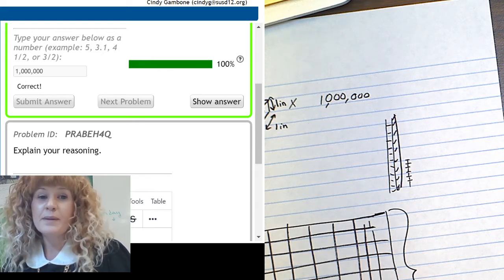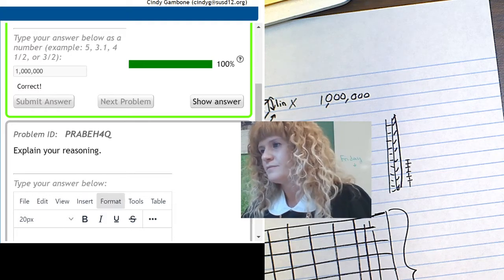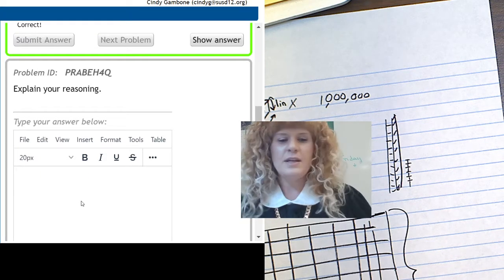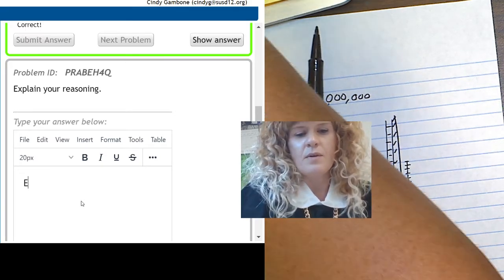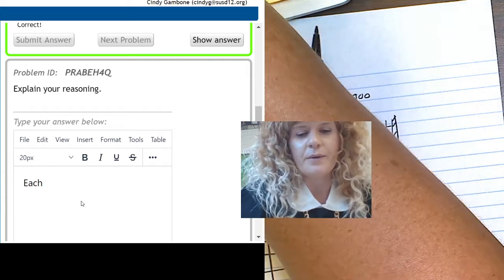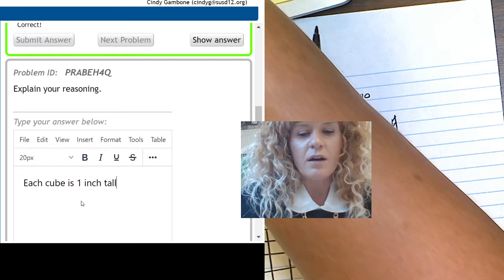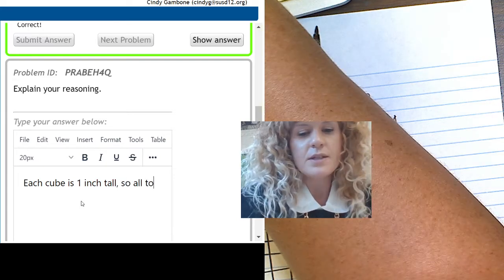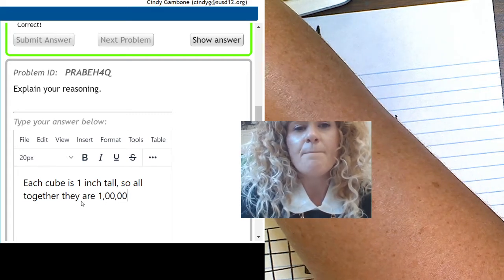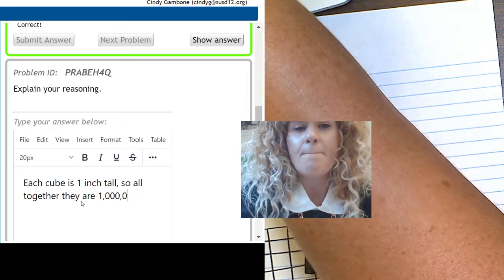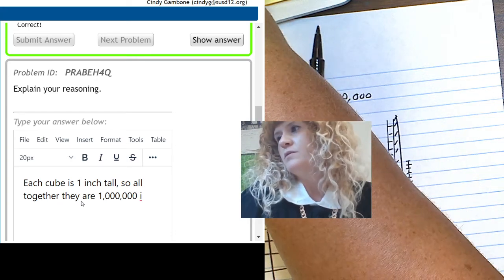Then they say, explain your reasoning. So, okay, I'll help you with this part. If each cube is 1 inch tall, so all together, they are 1 million inches tall.